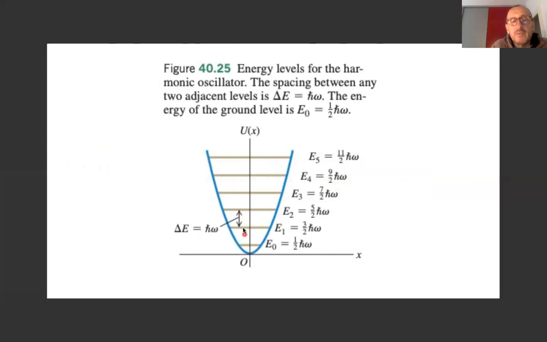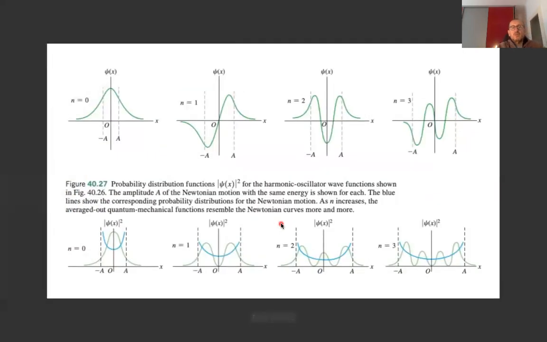Now the difference between consecutive levels is a fixed number, simply ħω. That's the difference between all the energy levels, which is different from the case of the infinite potential well, as I told you before. But these are the nice solutions for the spectra of this system, and the wave functions look like the ones that I'm depicting here.